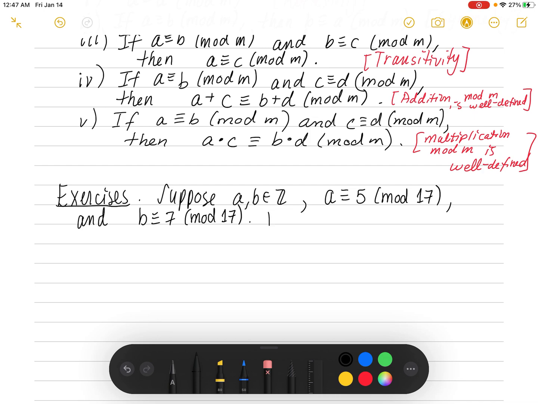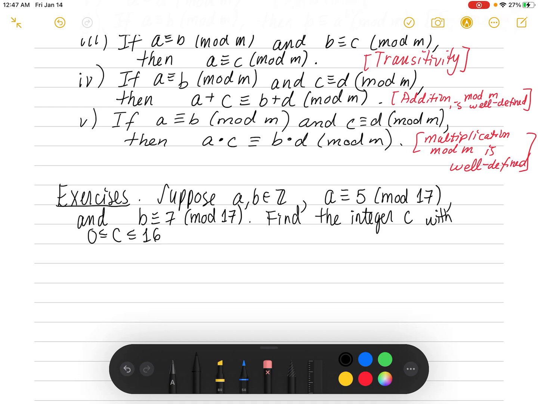So what we want to do is find the integer c with the following property. C must be between 0 and 16. So it's allowed to be 0, it's allowed to be 16, and it could also be in between.